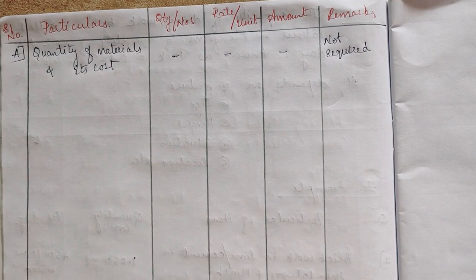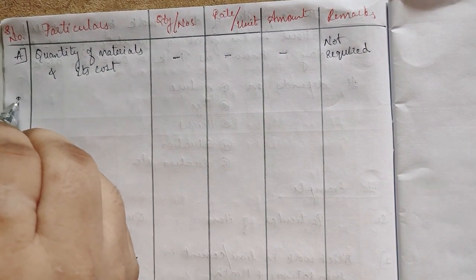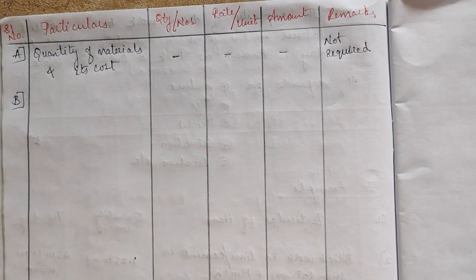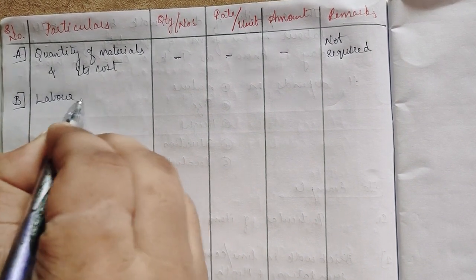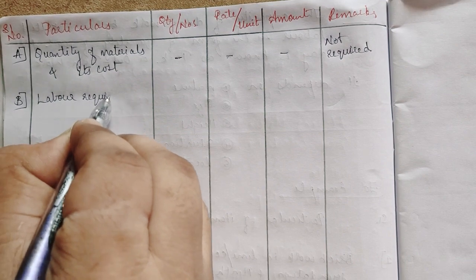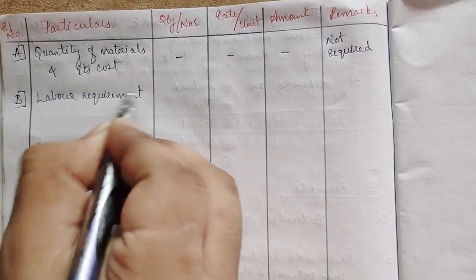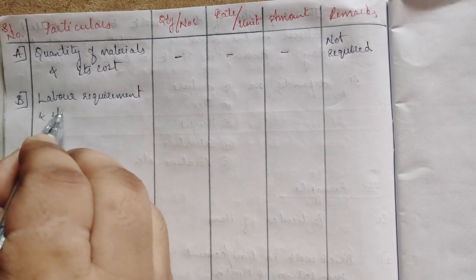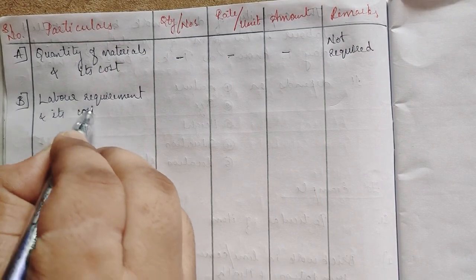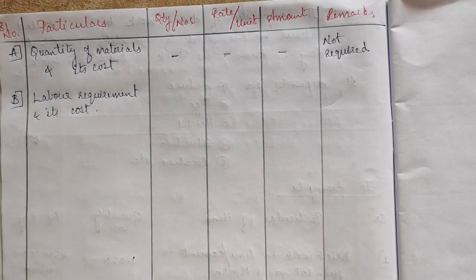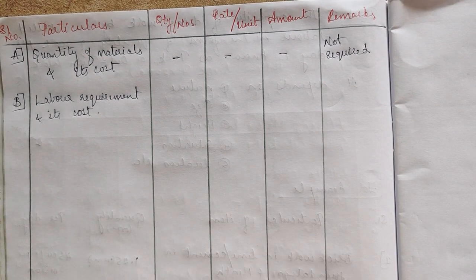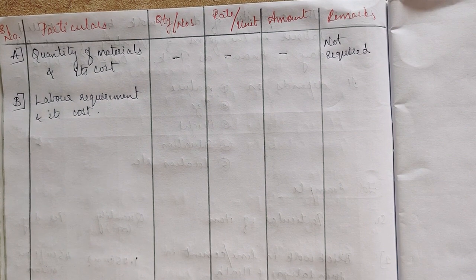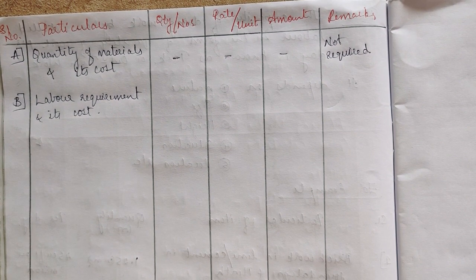Now I'll come to the second point, that is B. What was B? Labor requirement and its cost. Here we have to follow some rules and regulations by the National Building Organization of India.